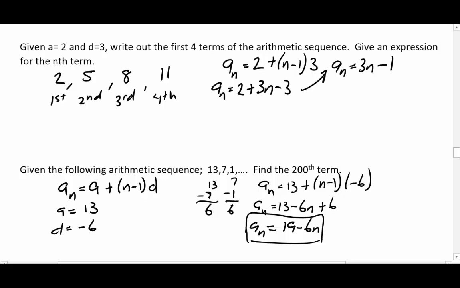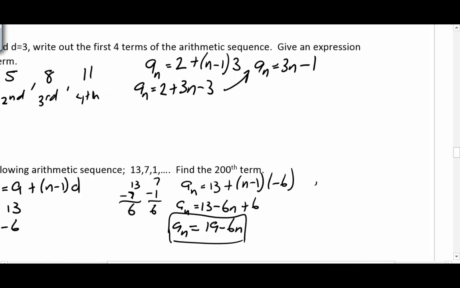Well, I want to find the 200th term. And here's where the power of this formula really helps out. If I didn't know this formula, I would have to figure out the first number, the second, the third, the fourth, all the way up to 199, and then subtract 6 to get the 200th number. With this formula, I can just say the 200th number is 19 minus 6 times 200.